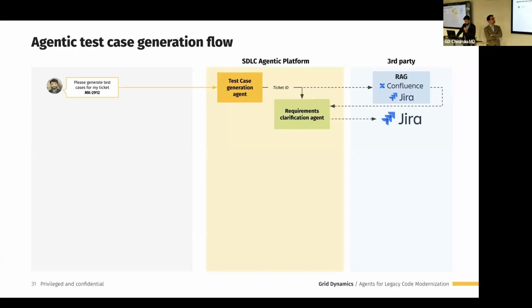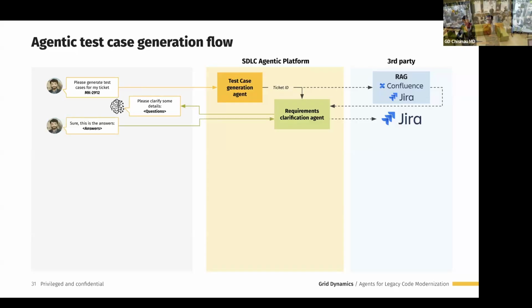So yeah, first we clarify all the gaps, all the questions that are still open and were not mentioned in Jira or Wiki or Confluence, and so on. Then AI asks a list of questions to double check that everything is correct. So the user provides the answers.